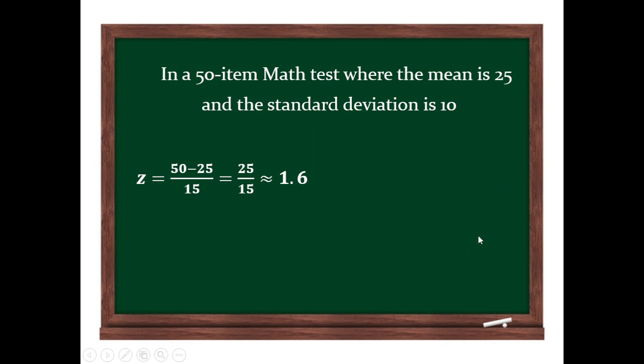So we will substitute: x is equal to 50 minus 25, over the standard deviation of 15. So 25 over 15 is equal to 1.6. That is how simple it is to compute a z-score.